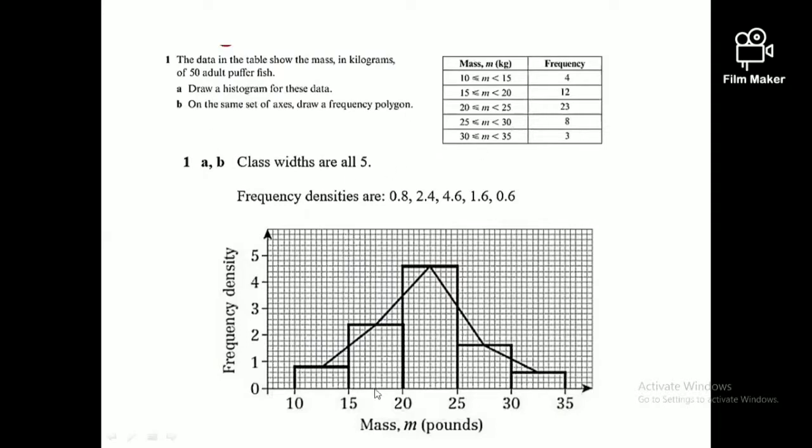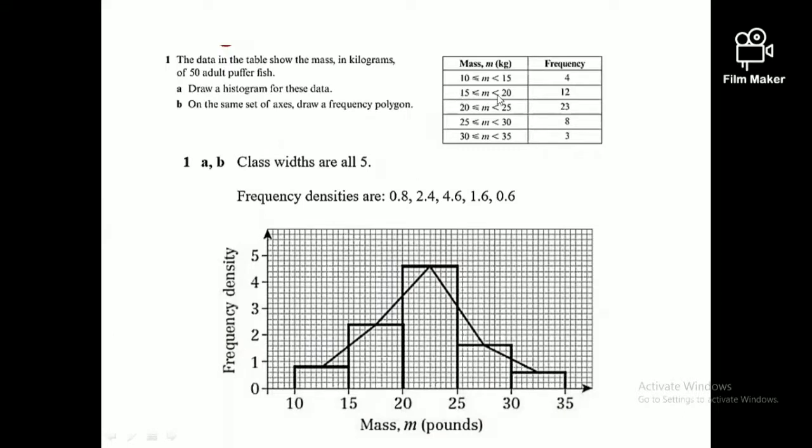Then, if you calculate the frequency density for the first category, what is that value? The frequency is 4, and the class width is 5. Then 4 divided by 5 is 0.8. Here the frequency density is 0.8. Then we can mark 10 to 15 as 0.8.